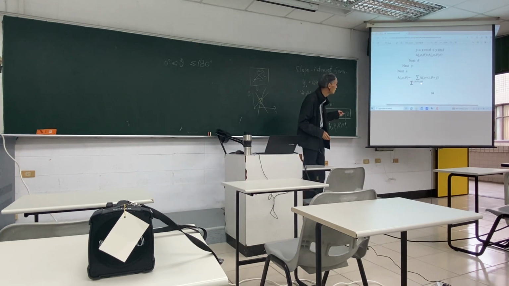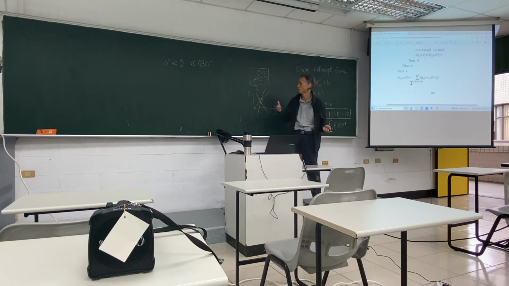Here, you accumulate all the rho theta in the neighborhood, for example a 3 by 3 neighborhood or 5 by 5, depending on the accuracy of your algorithm.